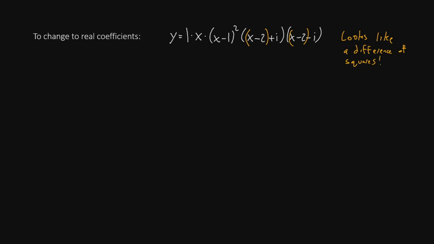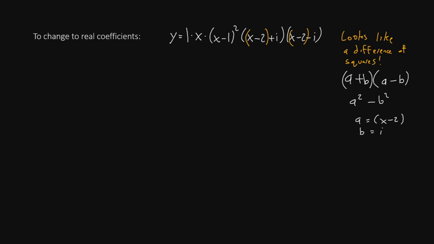You might recall that (a plus b) times (a minus b) will give you a squared minus b squared. We can try that here, where our a would be (x minus 2) in parentheses, and b would be i.